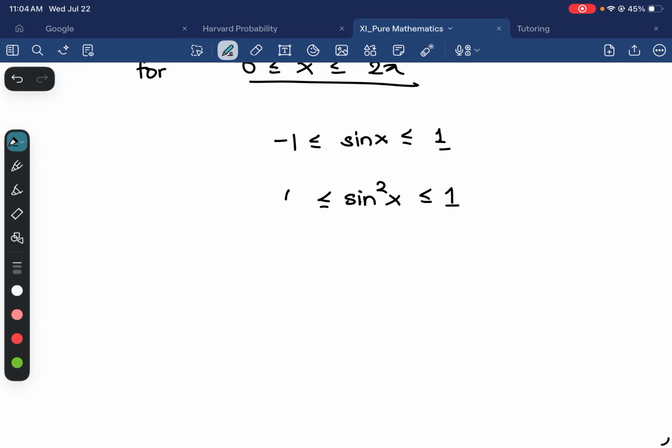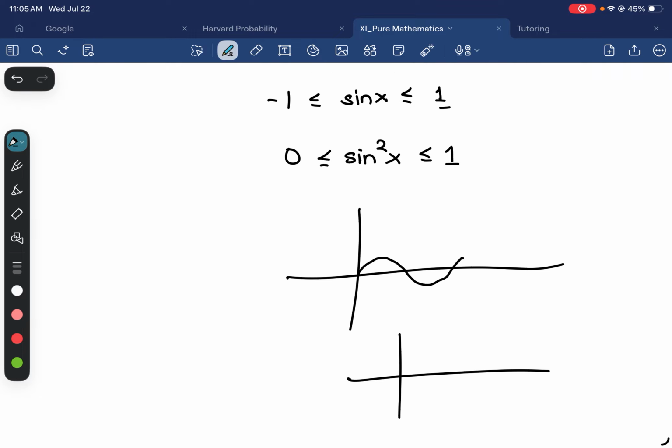But the minimum value is going to be 0. Why? Because if you square -1, you also get +1, right? So basically, your graph looks something like this. Once you square it, it becomes something like, sorry, not like this, but something like this.